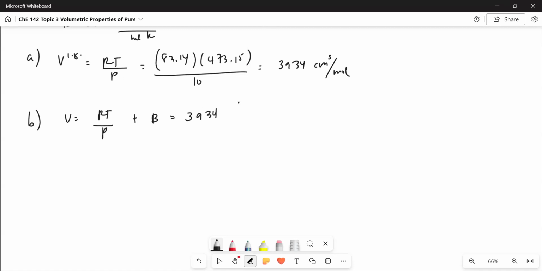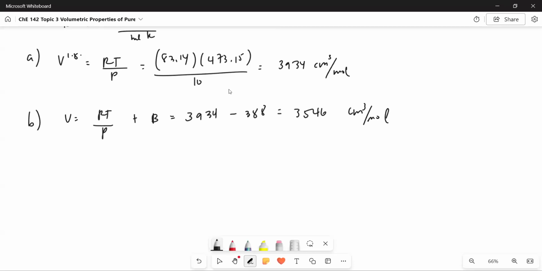I'll not write the unit. And then B is given, which is negative 388 cm cube per mole. Okay. So the units agree, and therefore we can directly get the difference, and that is 3546 cm cube per mole.